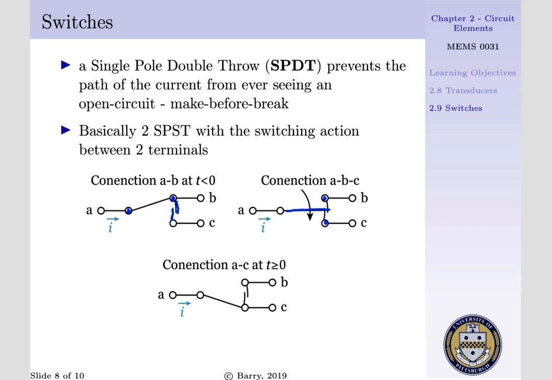And then for time t is greater than or equal to 0, our current can flow between A and C, such that during the switching process, our current remains uninterrupted.